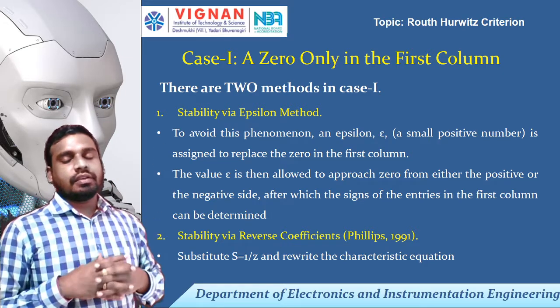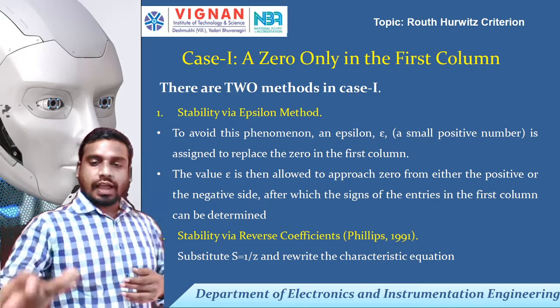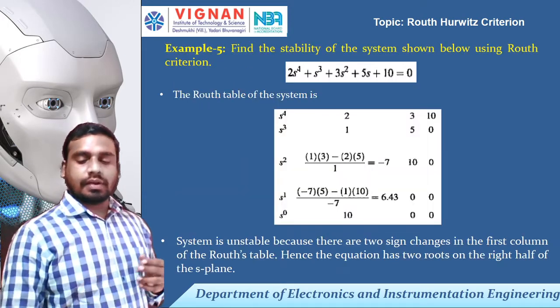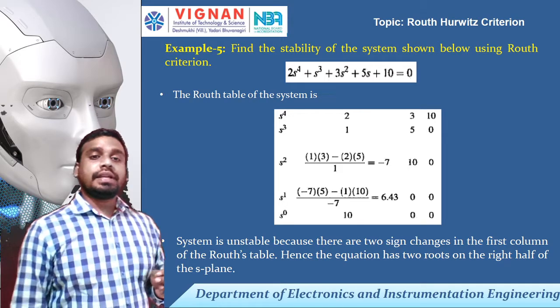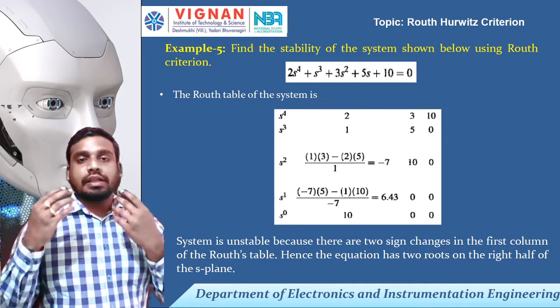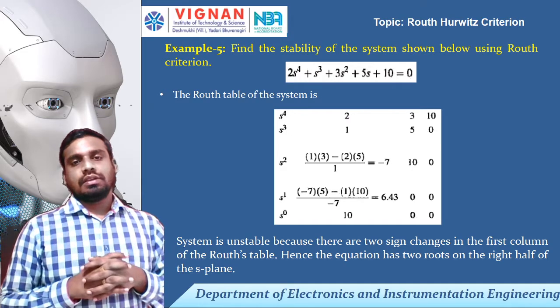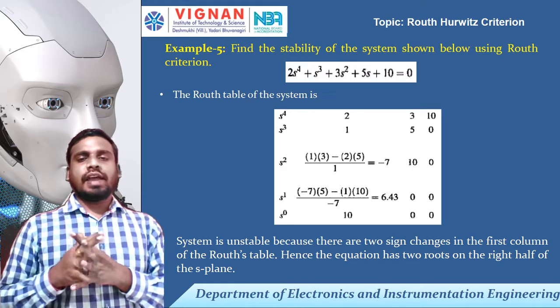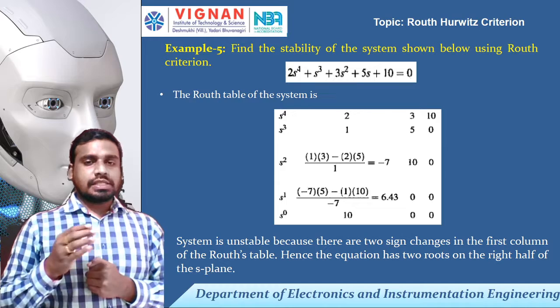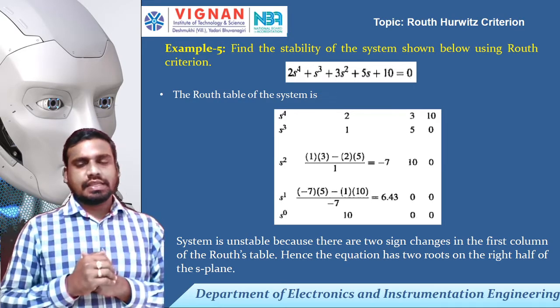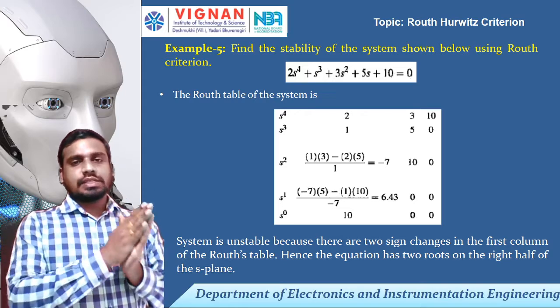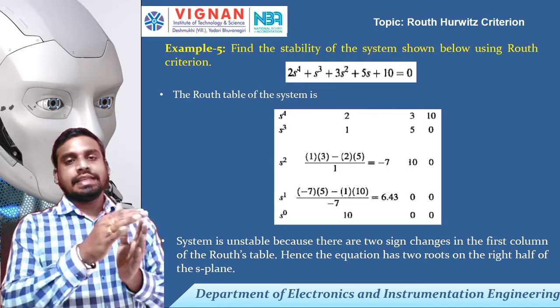You can compute it that way. Or else, if you have a characteristic equation like this, you can simply take the reciprocal of s as some variable, say x. So s equals 1 by x. Simply substitute 1 by x for s.